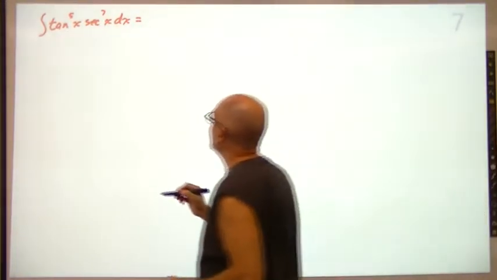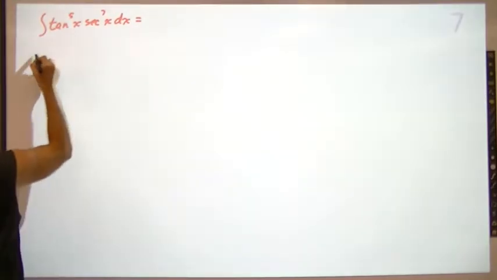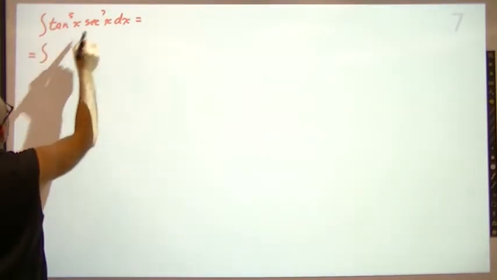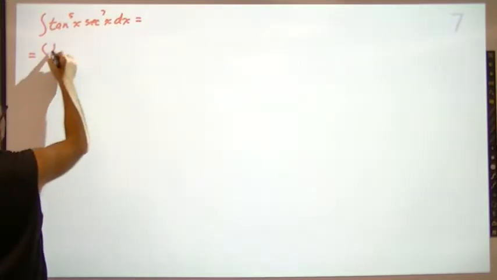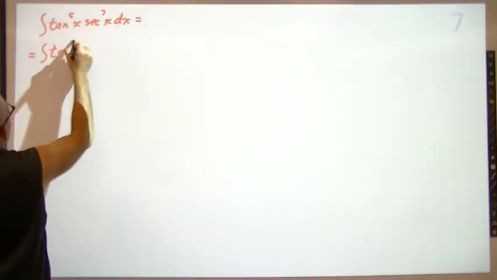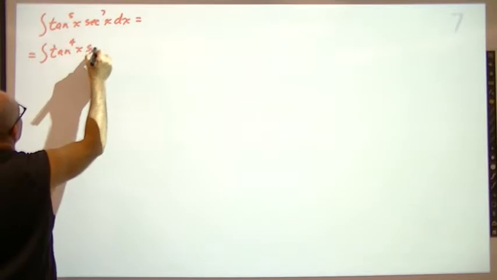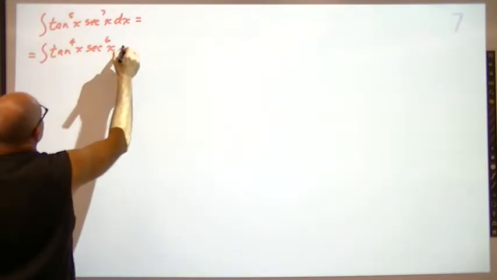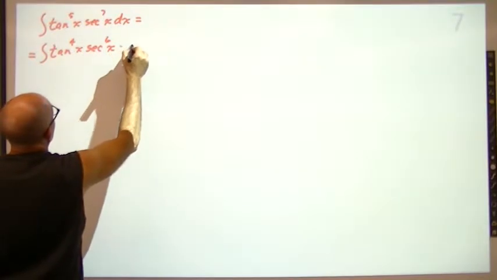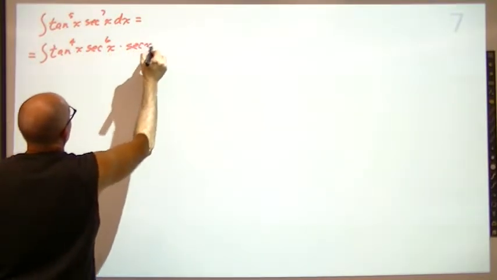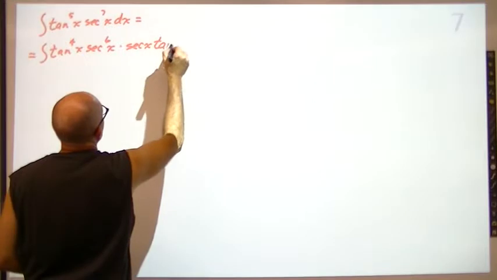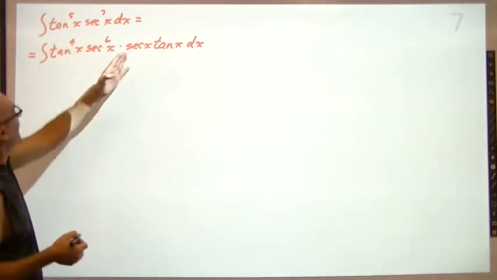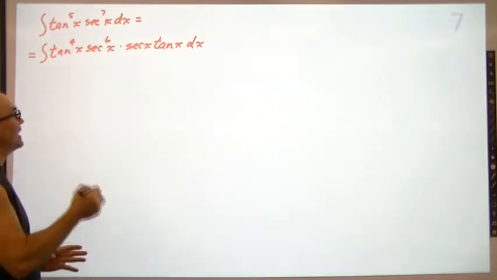So this is going to equal the integral of tangent to the fourth times secant to the sixth times secant tangent dx.